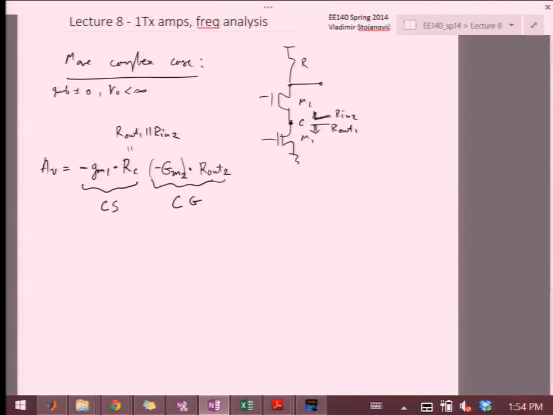So now R out 2 is here. And of course, I have this R, so I'll have to write R out 2 in parallel with R. So these are just generic formulas, right? This is a second stage amplifier. It has its own capital GM2, and there is a parallel load R. So I'm just writing this out. Now we're going to see what this capital GM2 is and what R2 is.